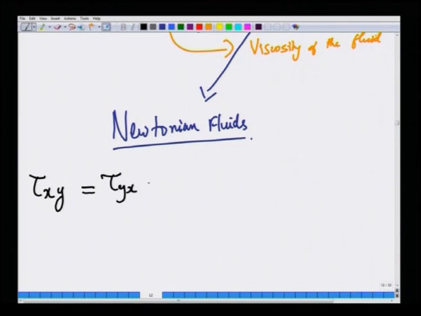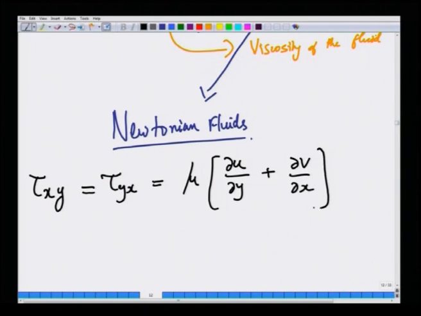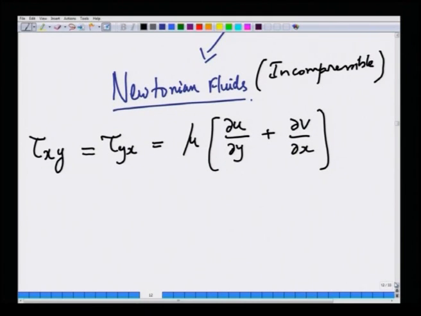So, tau yx is tau xy, is mu times partial u partial y plus partial v partial x, and this is only for an incompressible Newtonian fluid. If you have a compressible Newtonian fluid, you will have some additional contributions. So, I am going to write down the relations only for an incompressible fluid, for which the mass conservation equation reduces to del dot u equal to 0.